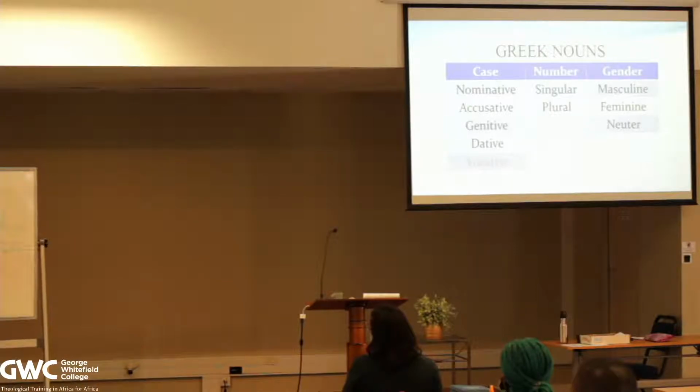But what about this? That makes me think it's dative, doesn't it? Now, the article always agrees with its noun in case, number, and gender. Always, always, always. So what is it? Is it dative or is it genitive?